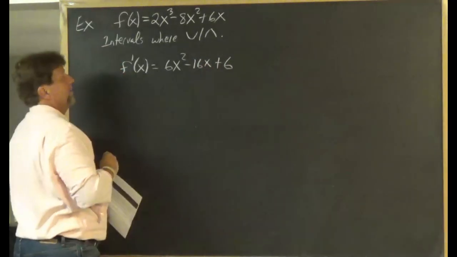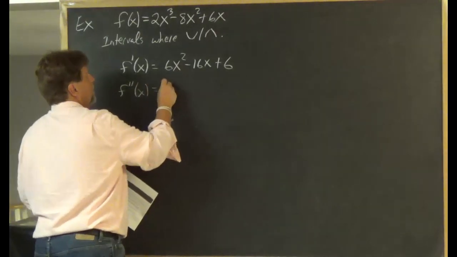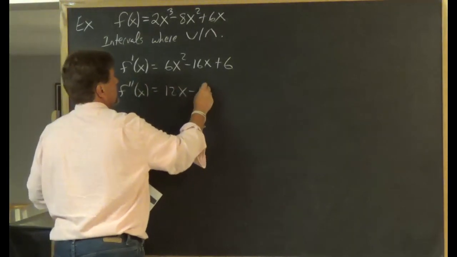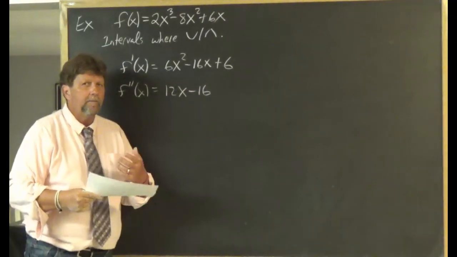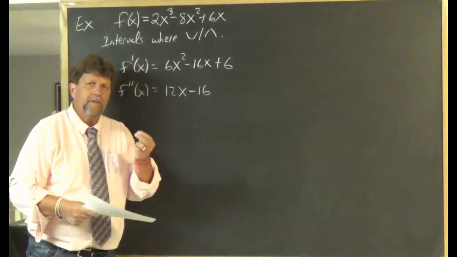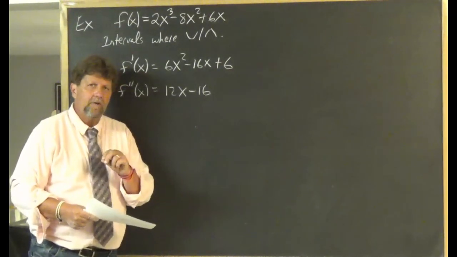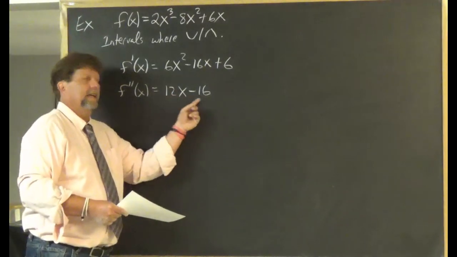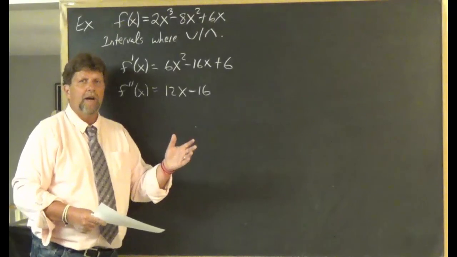So there's the first derivative. The second derivative is 12x minus 16. And then it's very similar to what we did in section 5.1. We want to determine where the second derivative is undefined and where the second derivative is equal to 0. Since it's a linear function, a type of polynomial, it's defined everywhere.